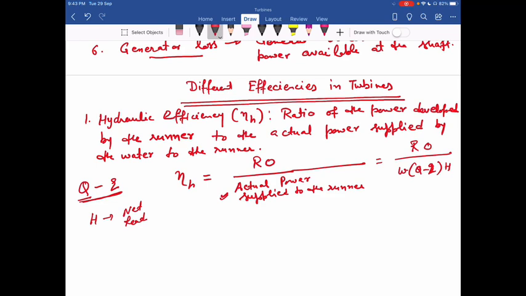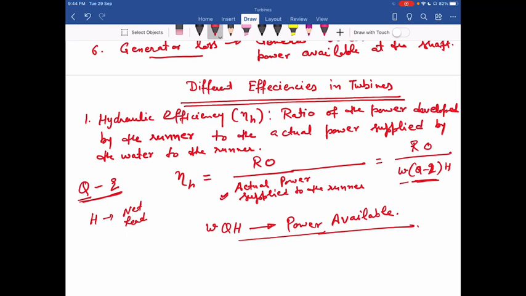Now the term WQH is the power available, and W (Q minus q) H is the power supplied to the runner.